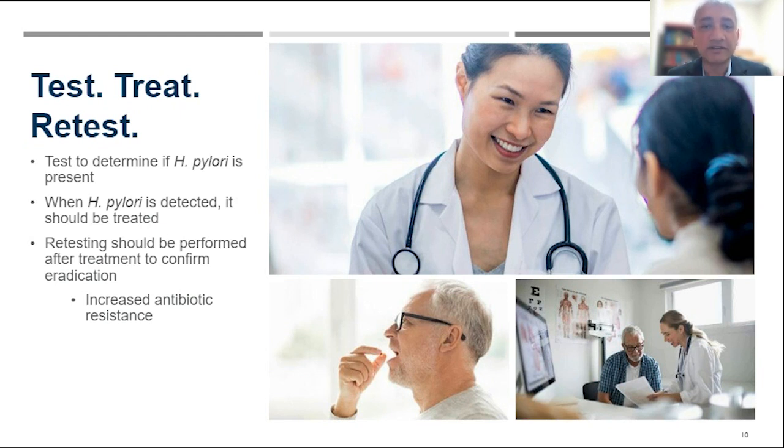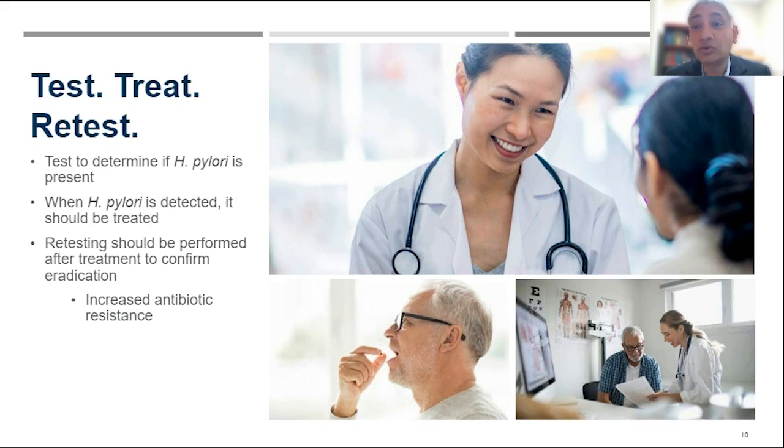Now, what has happened over the decades is that the use of antibiotics has increased, and we have started to see antibiotic resistance to some of the common agents used for the treatment of H. pylori. There are some communities in the United States where the eradication rates with the standard regimens can be as low as 60 or 70%.